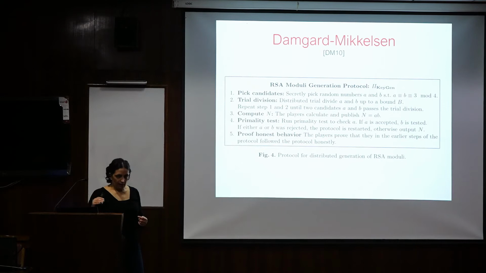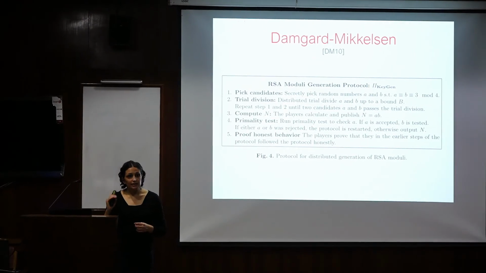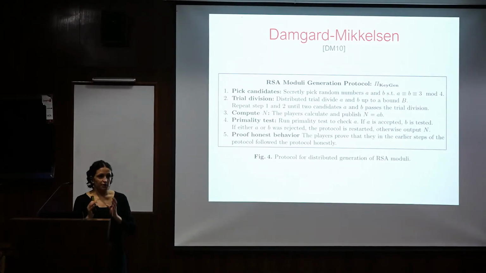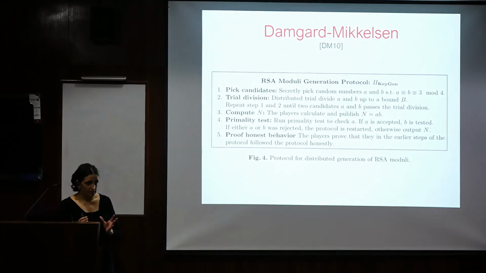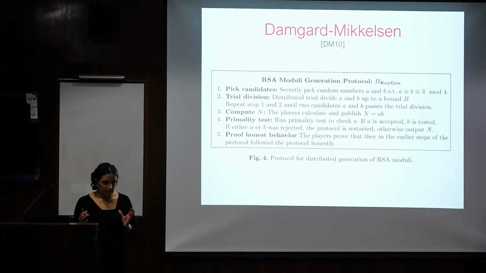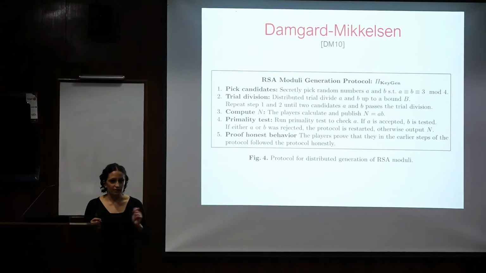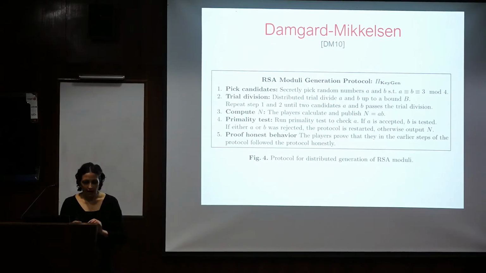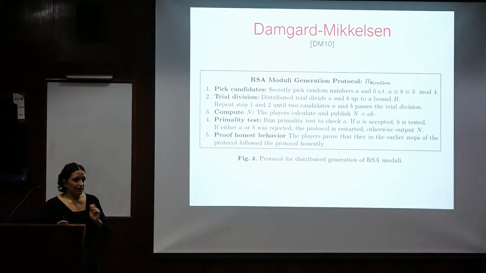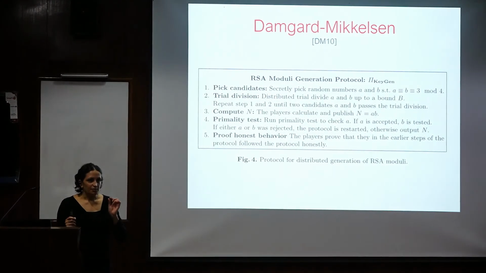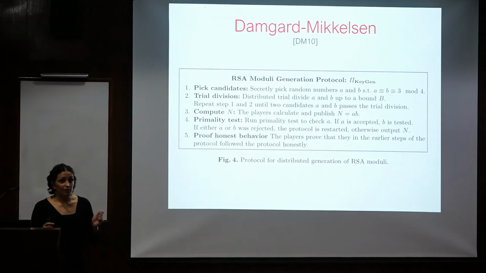So a paper by Damgård and Mikkelsen showed how to design a protocol. They started with a 3-party instance, which can basically be extended to any number of parties, but the overhead is quite large because they use a specific type of secret sharing. It's called replicated secret sharing.